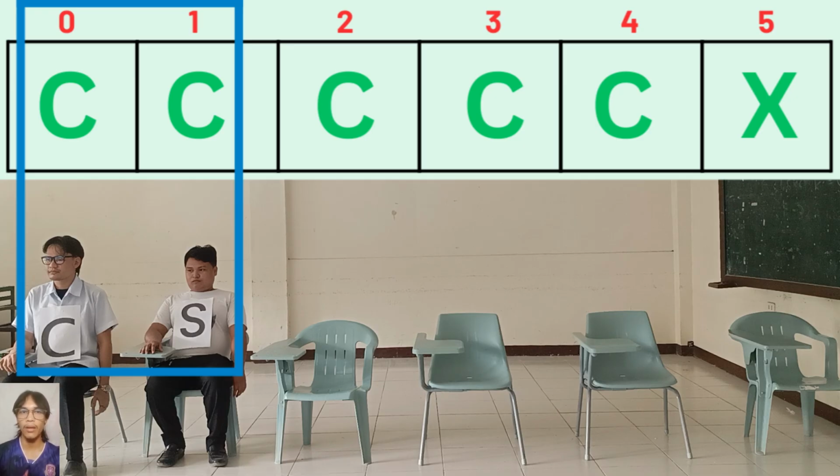S from the pattern does not match with index 1 of the text, which is C. So, this means there is a mismatch in the first iteration. So we now move to the second iteration. Here is the path of the first iteration.